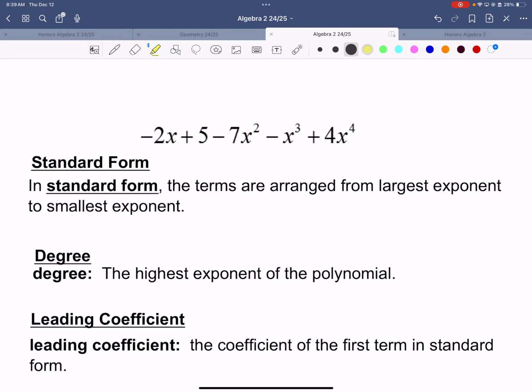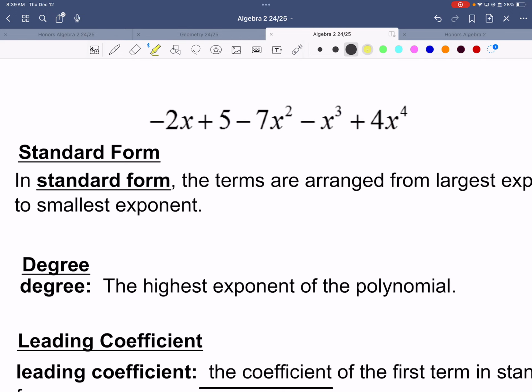I want you to go ahead and write that polynomial down exactly how it is. Negative 2x plus 5 minus 7x squared minus x cubed plus 4x to the fourth. It's a polynomial, the sum or difference of lots of monomials.